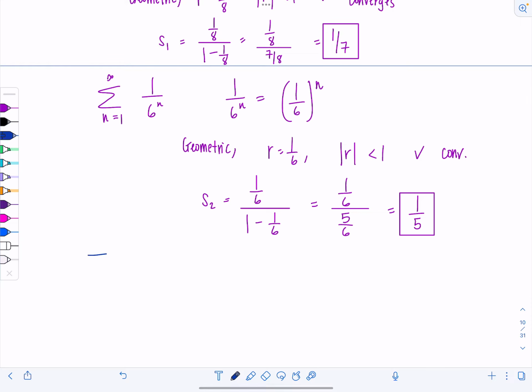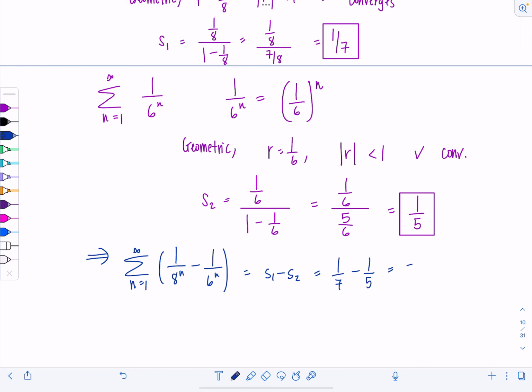I'll write it out nicely. So that means the sum, n equals 1 to infinity, 1 over 8 to the n minus 1 over 6 to the n is going to be S1 minus S2. So 1/7 minus 1/5, which is negative 2 over 35.